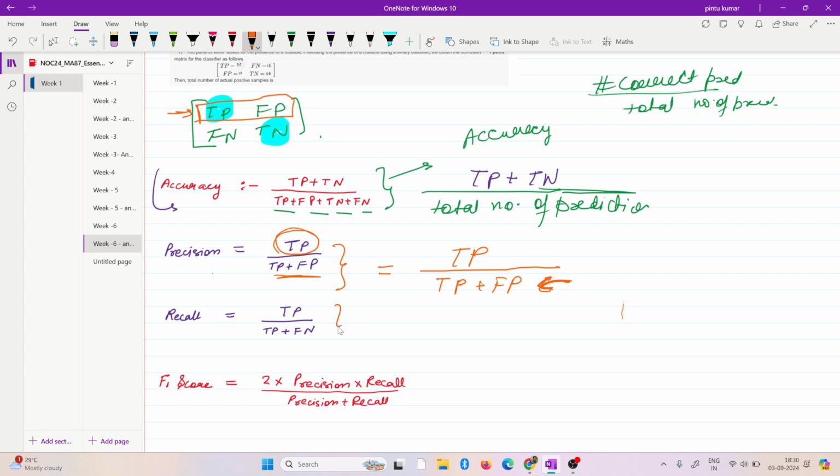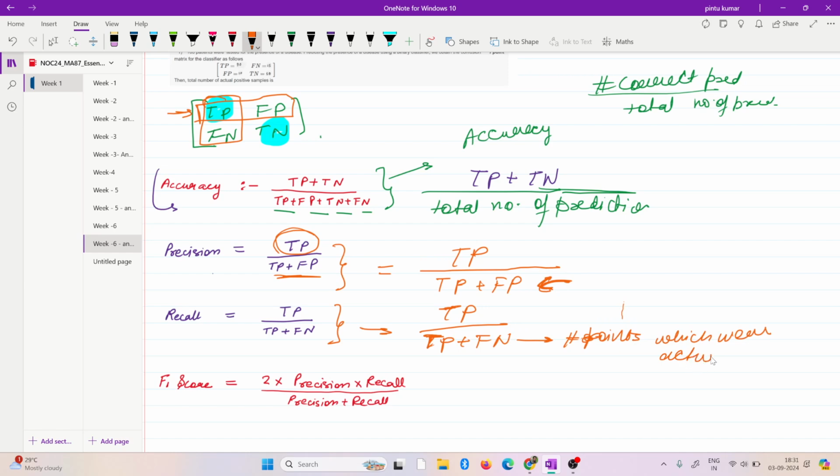Then you have one more thing, that is recall. Recall is true positive divided by true positive plus false negative. Now, what is true positive plus false negative? It is this column. So the denominator is the total number of points which were actually positive.